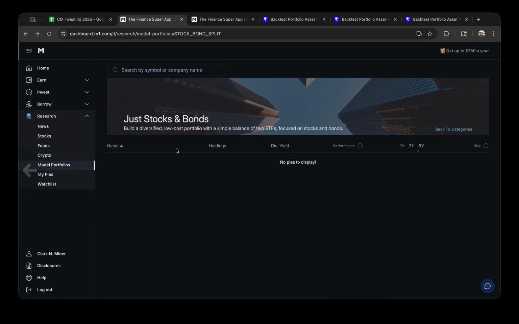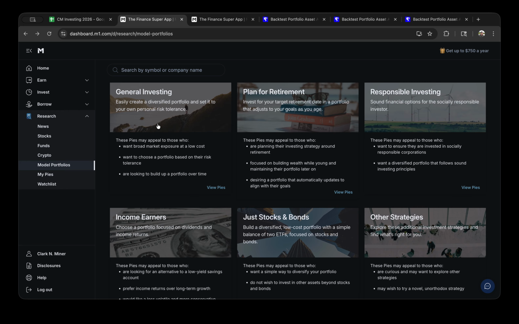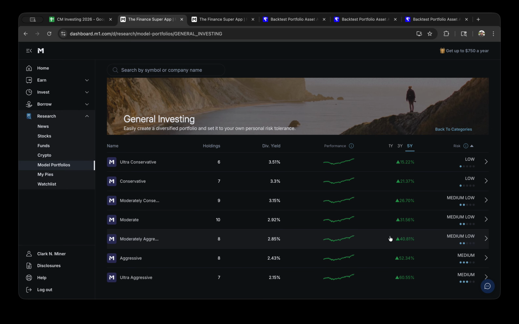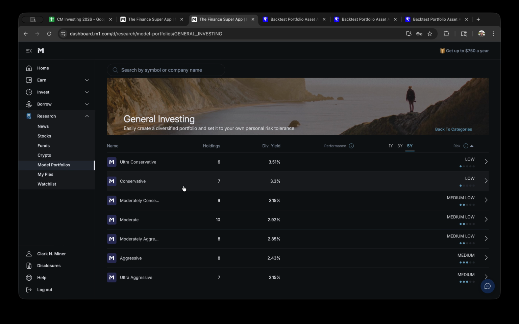I wanted to share another one. If you just go in general investing here, this could also be a great place to start for beginners. Just choose ultra conservative or ultra aggressive. Let's see, I want to take a look at moderately aggressive versus conservative.